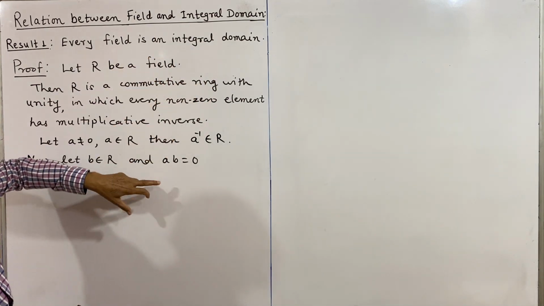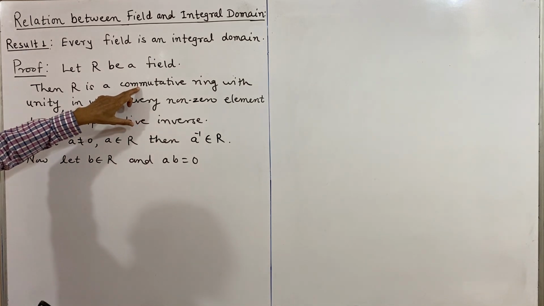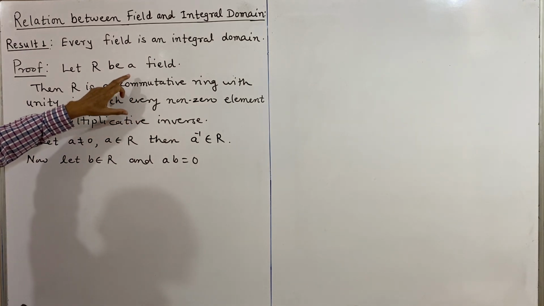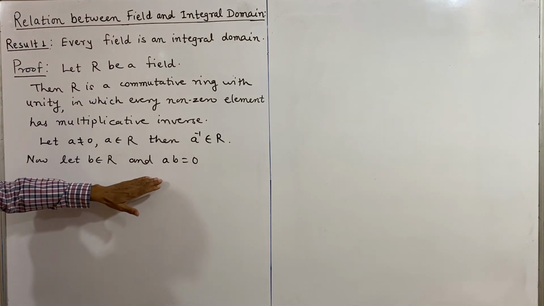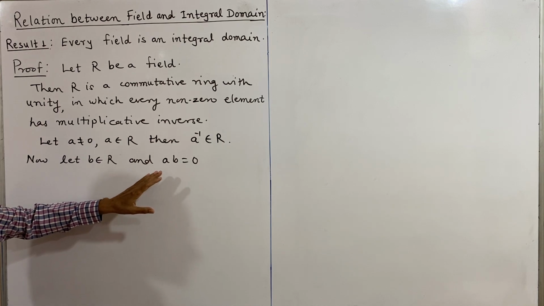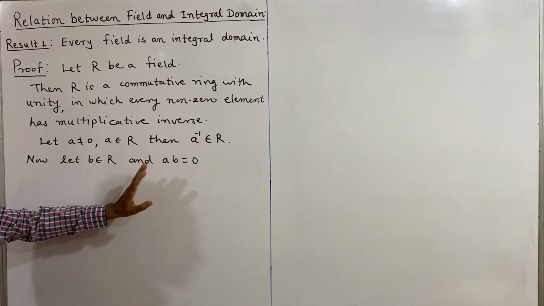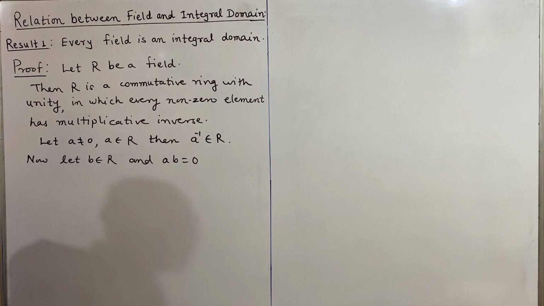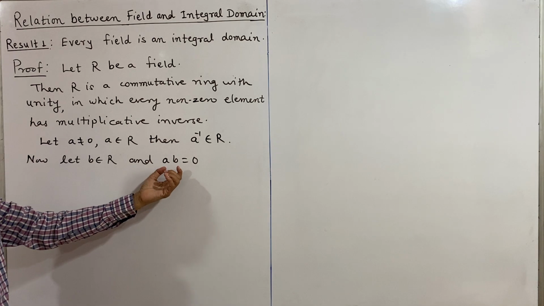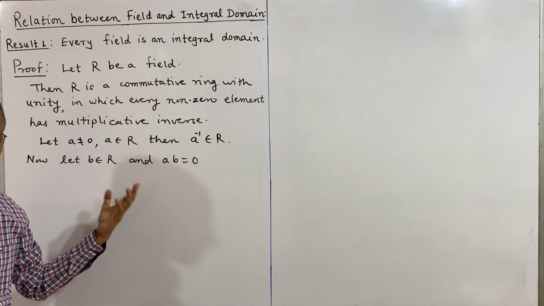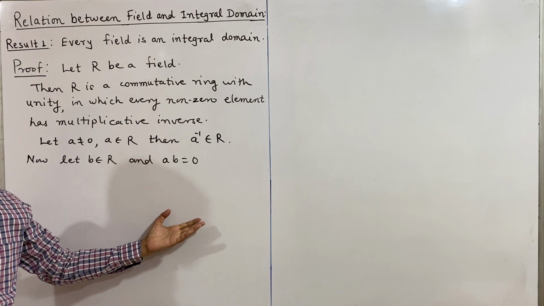To prove R is an integral domain, it is commutative is already there because a field is commutative. We need to prove only that it is without zero divisor. And we have studied earlier, without zero divisor means if ab is equal to 0, then either a is equal to 0 or b is equal to 0.